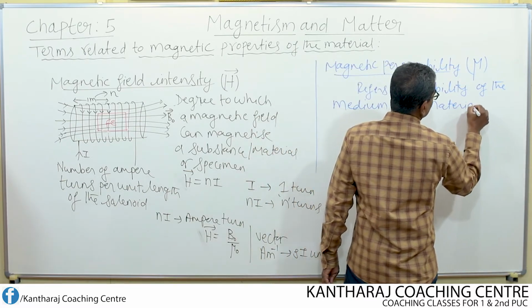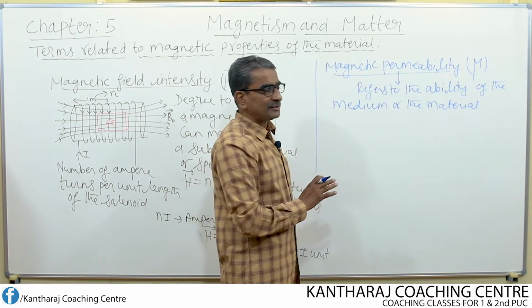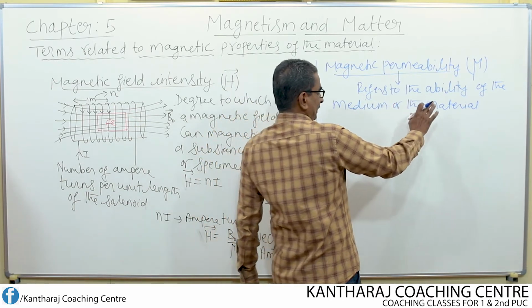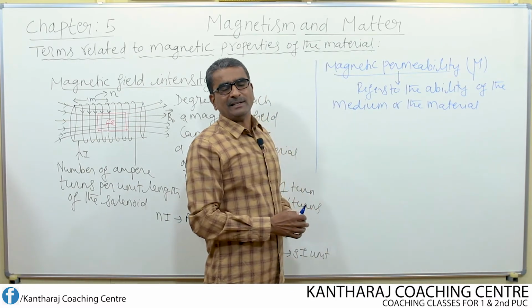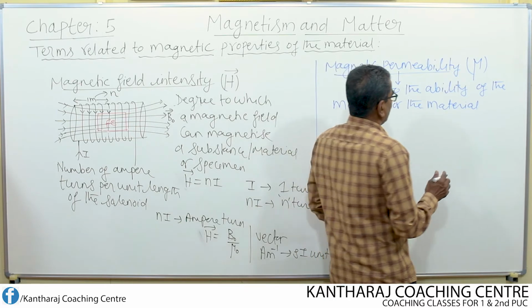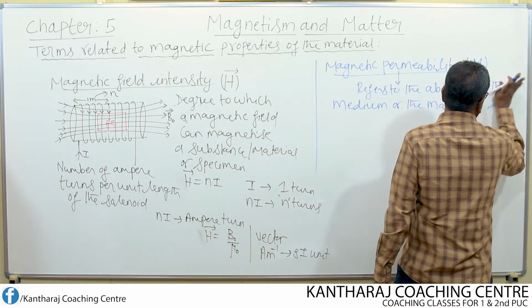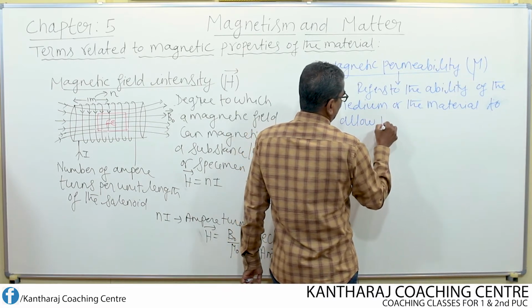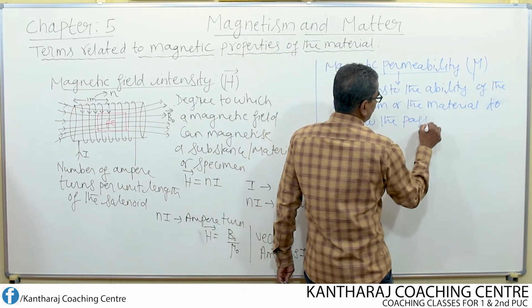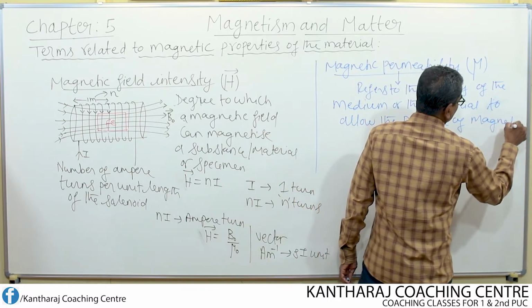What type of ability should the medium or the material possess? The medium or the material should possess the ability to allow the passage of magnetic lines of force.